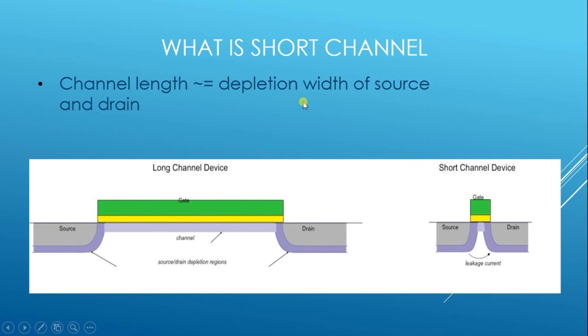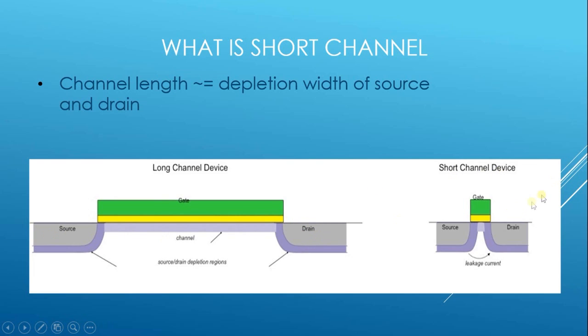Now let's start. What is a short channel? What do we exactly mean by short channel? Here we have two figures, long channel devices and short channel devices. In long channel devices, the channel length is so big that it is very large compared to the depletion widths of the source and the drain.